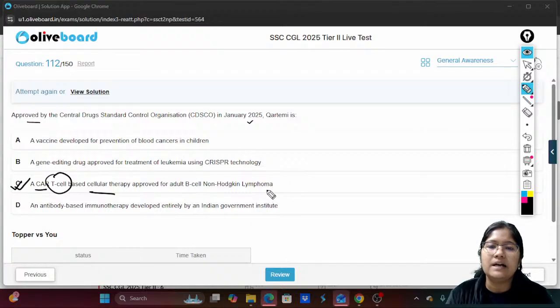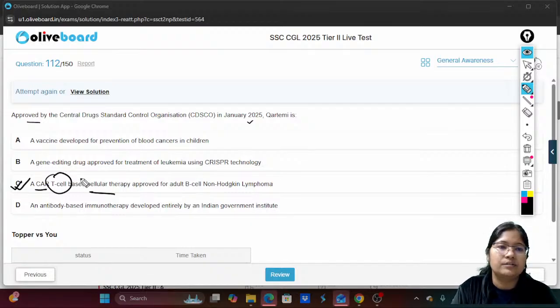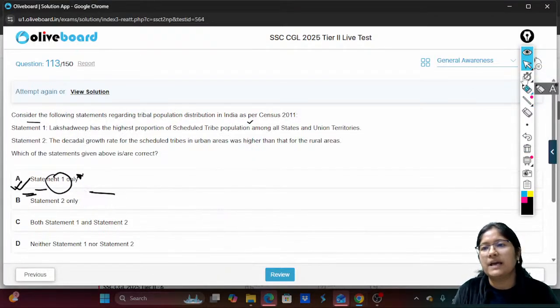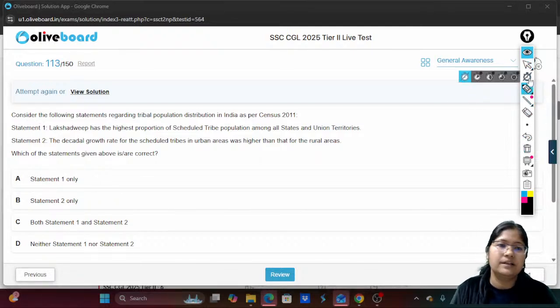And this is India's first internationally licensed for the same. So that is why C is the correct answer, and it is an important current affair. Because if something is India's first and internationally licensed in this field, then it is important.